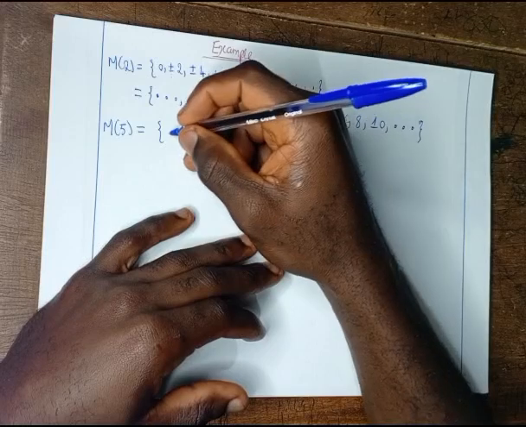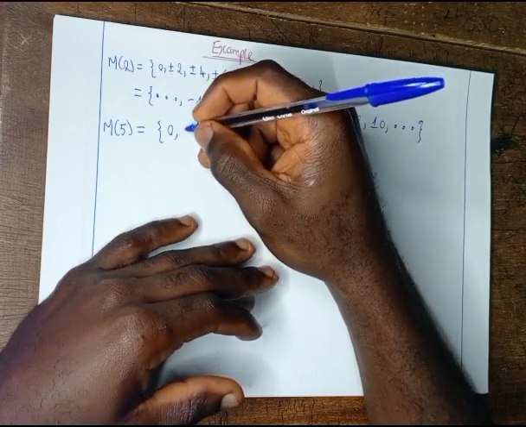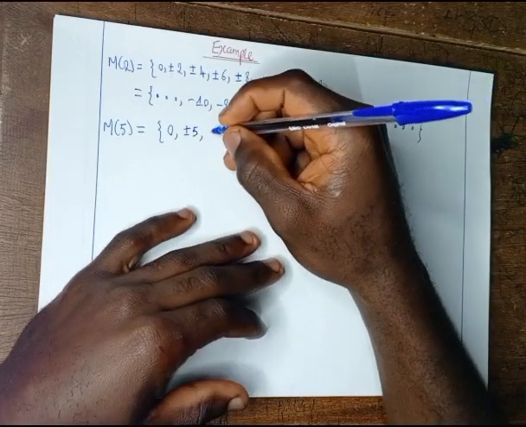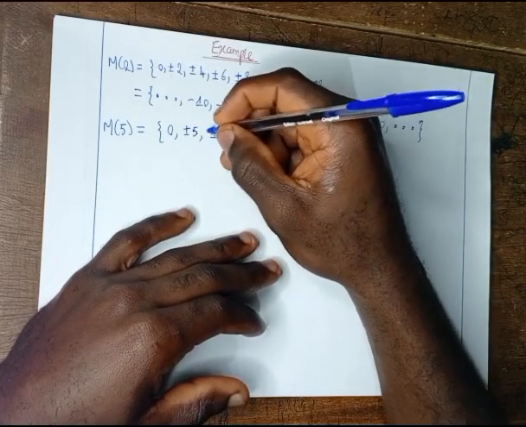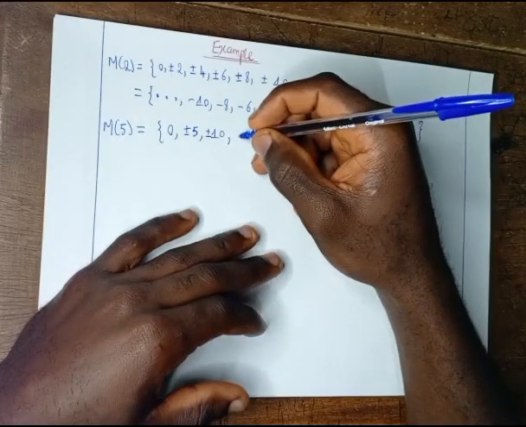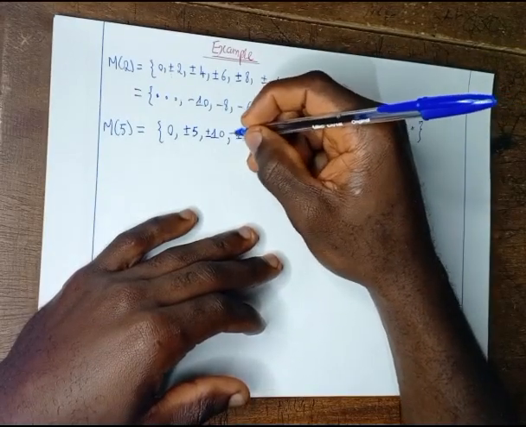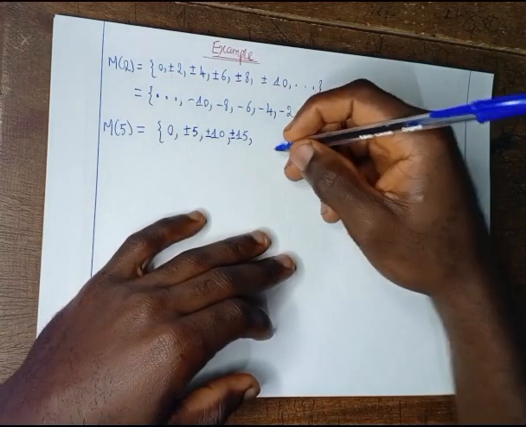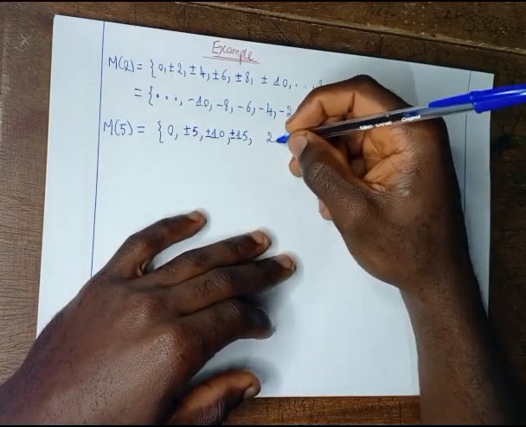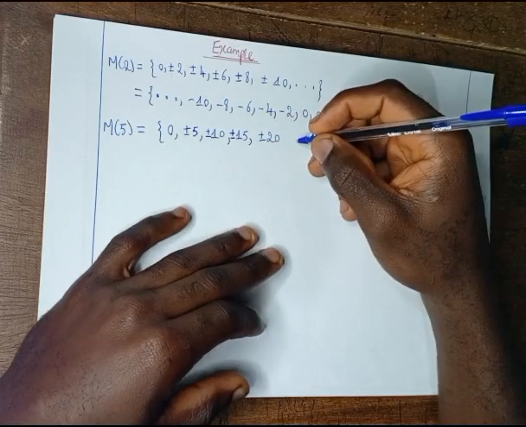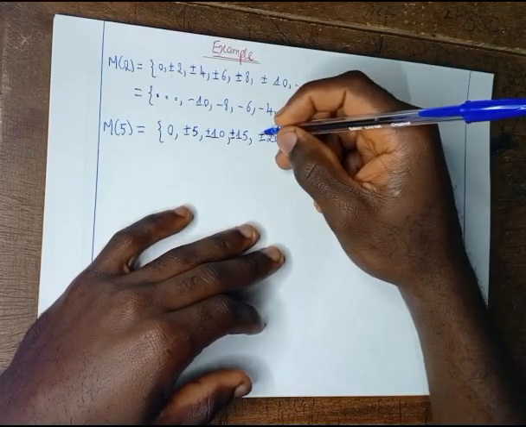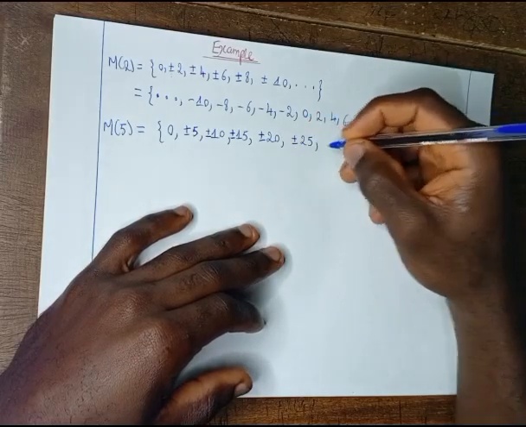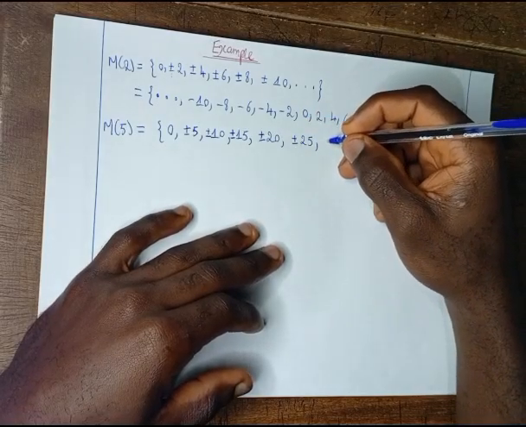Next, now let's write down the multiples of the number 5. We are going to perform the same thing. 5 times 0 is 0. 5 times 1 is 5. We attach the plus or minus sign. 5 times 2 gives us 10. 5 times 3 gives us 15. 5 times 4 gives us 20. 5 times 5 gives us 25. 5 times 6 gives us 30.